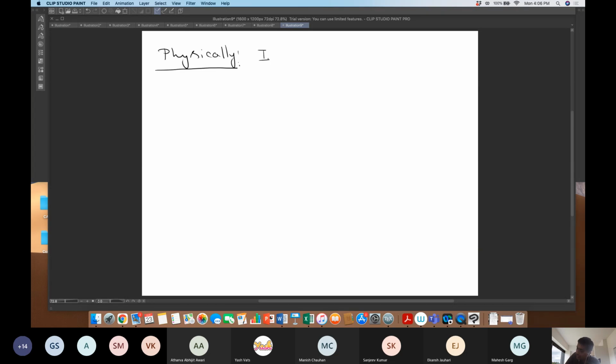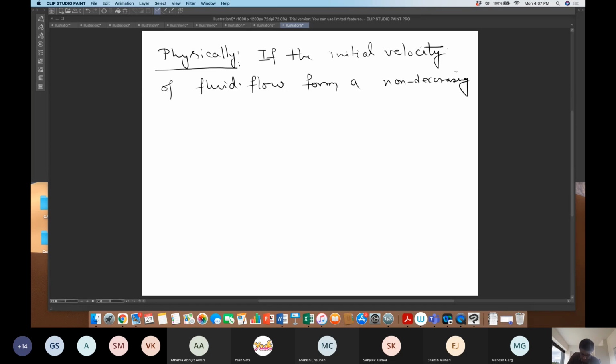Physically, if the initial velocity, that is h prime of s, of the fluid flow, because it's a model of fluid flow, forms a non-decreasing function of position, that means h prime of s is greater than or equal to 0, then the fluid flows in a smooth fashion.